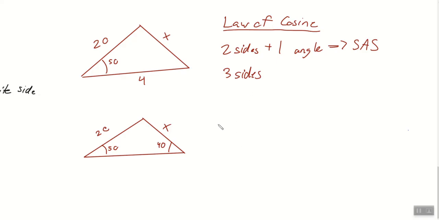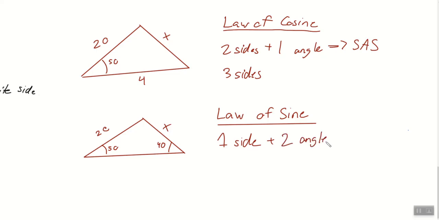Now, in this problem, I have 2 angles. It's a very good indication that I'm now doing law of sine. First one was law of cosine. Law of sine is down below. I have 1 side plus 2 angles. It's going to help you try to figure out which one you're going to do.